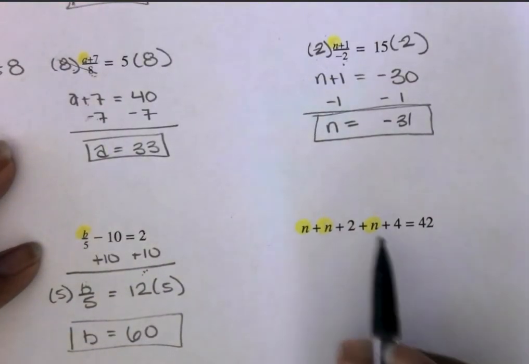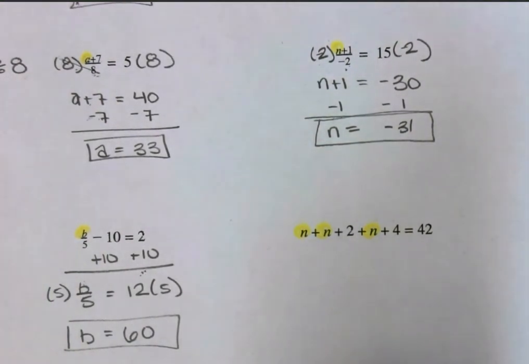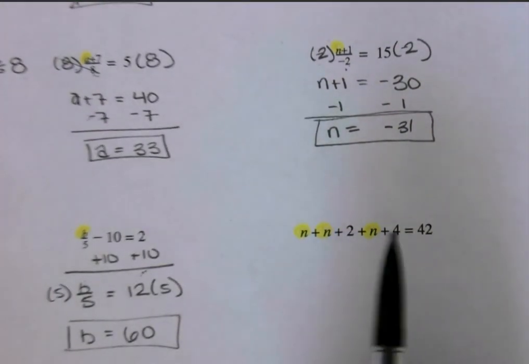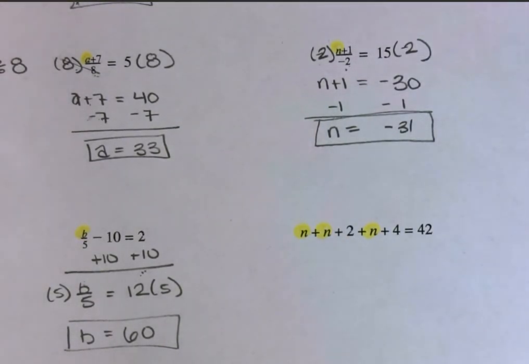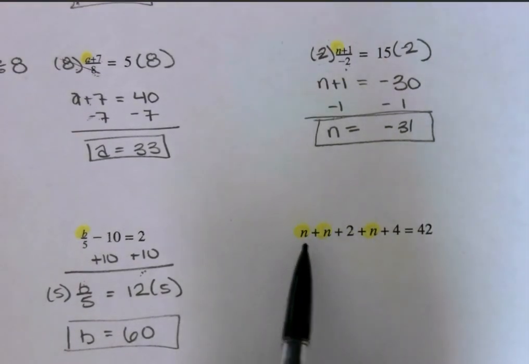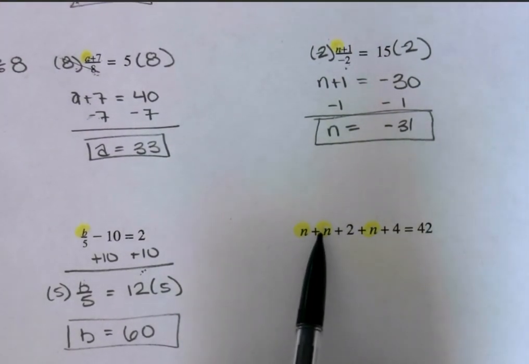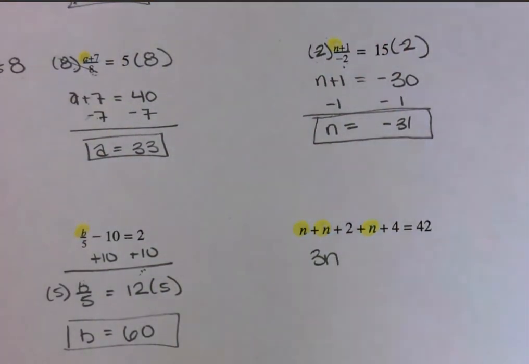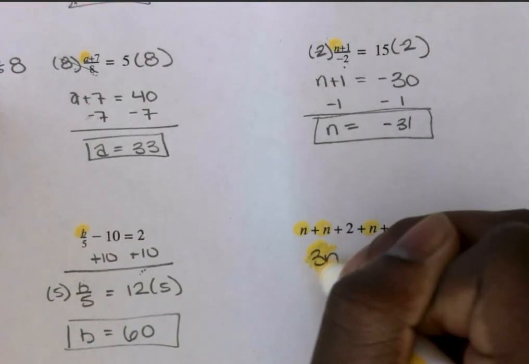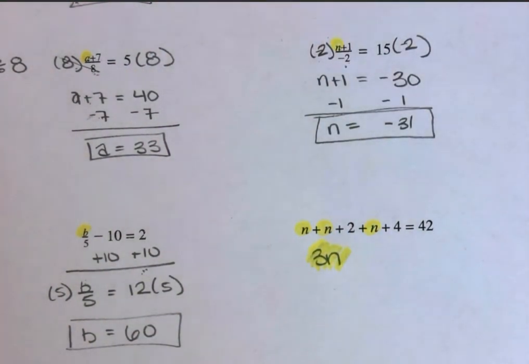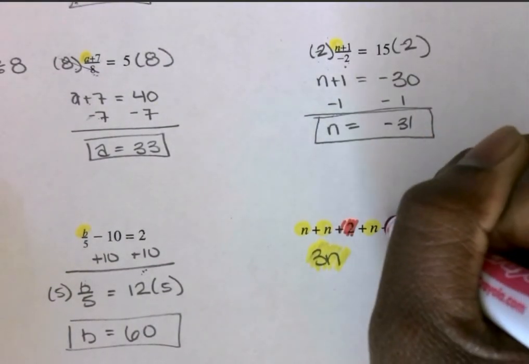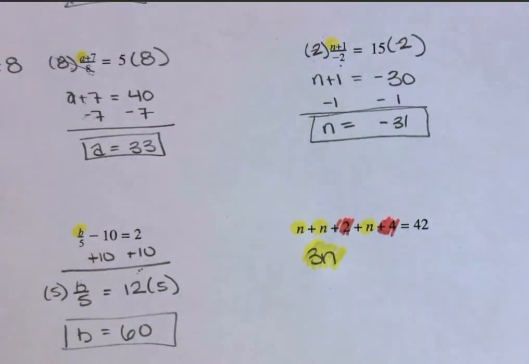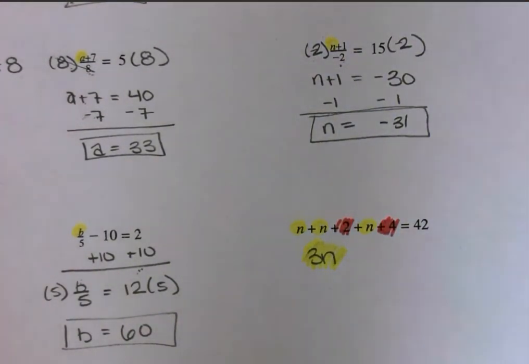Okay. And this one here, we're going to do the last one. I'm going to help some of you out. So in this one here, we have to make it more simple. So we want to combine terms. So if I have, how many n's do I have? 3. So I'm going to write 3n. That's going to match my n's here. Okay. But then I'm going to highlight the numbers on this side of the equation. Then I have to combine 2 plus 4. And 2 plus 4 is 6.